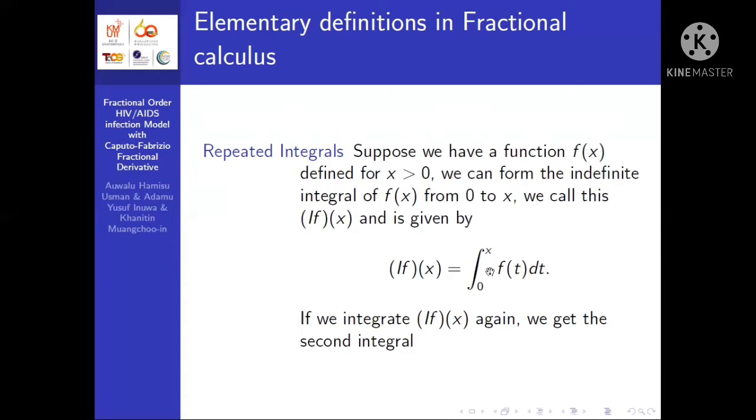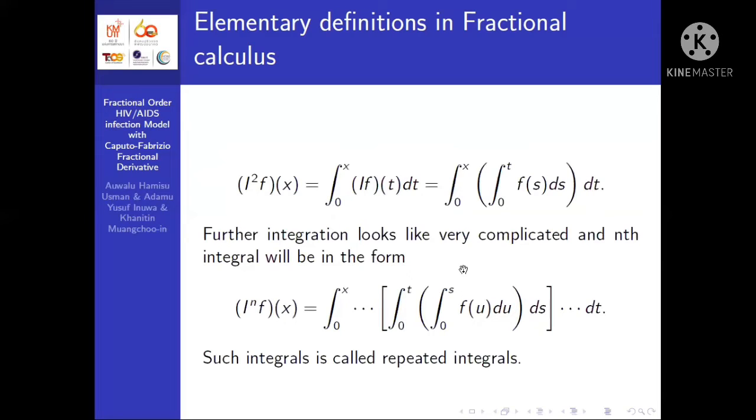As we all know, we can integrate a function more than once when it is integrable within the domain. To find a second integral of this function, we integrate again. Continuing like this, you can have a multiple number of integrals. So if we continuously integrate within the domain, we have what we call repeated integrals.